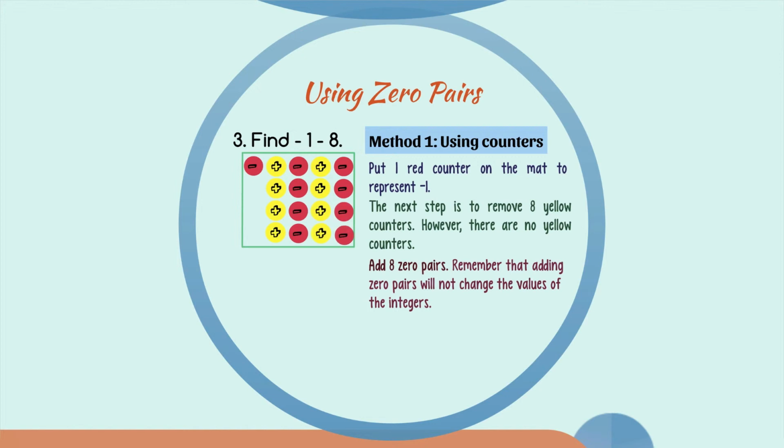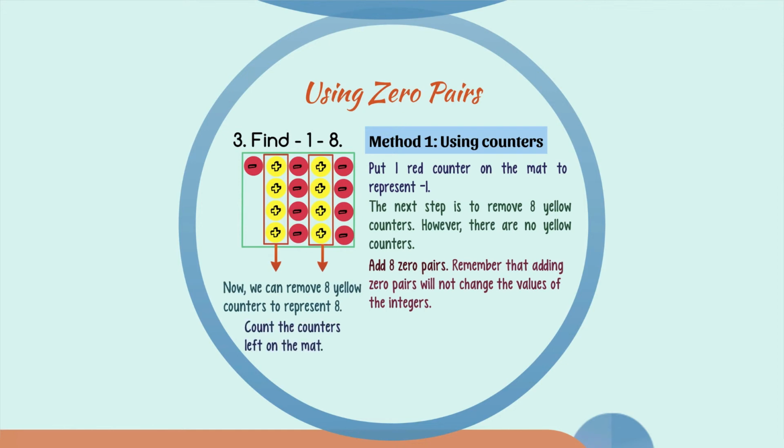Look, there are yellow counters now. So we can remove 8 yellow counters to indicate that we are subtracting 8. After that, count the counters that are left on the mat. You can see that there are 9 red counters. That means -1 minus 8 is equal to -9.